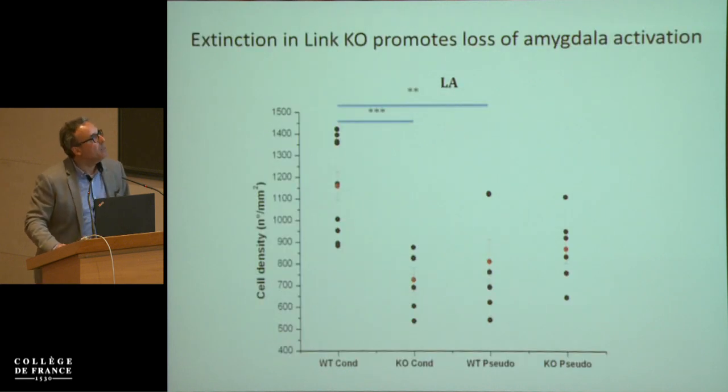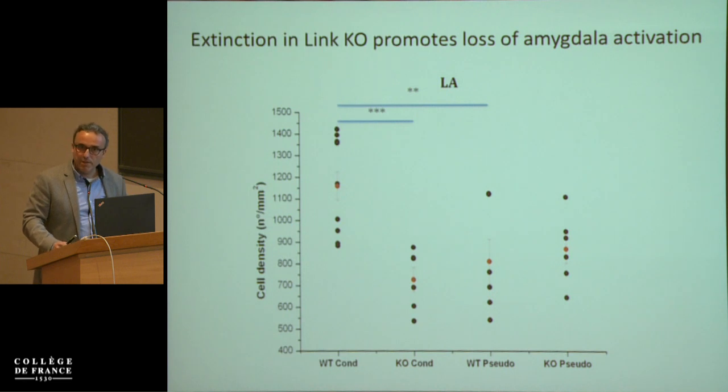And indeed, this is also associated with a dramatic difference in the activation of the amygdala when we tested with ZIF-268 after extinction. We know that after extinction, the CS in the lateral amygdala can still activate the neurons.